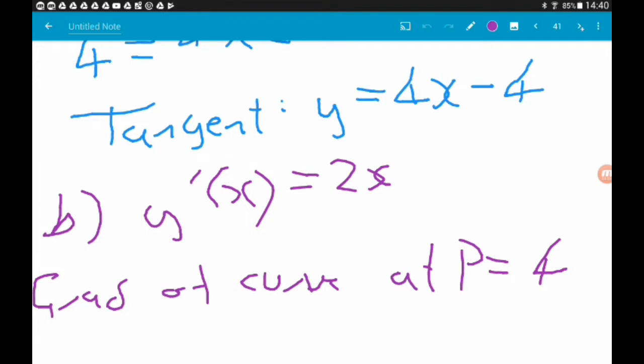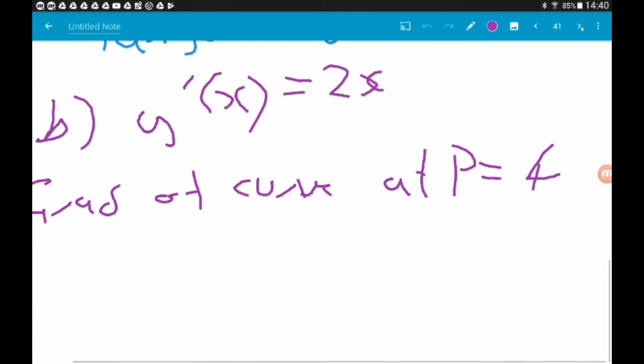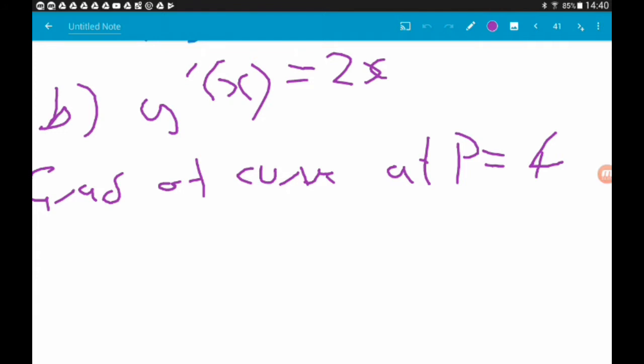Now we want to work out the gradient of the normal. Remember, the gradient of the normal, mn, times the gradient of the tangent is equal to minus 1. The gradient of the tangent is the same as the gradient of the curve at the point.